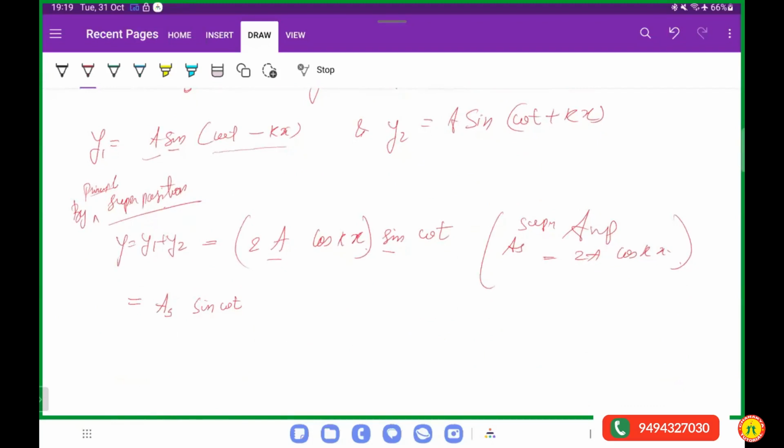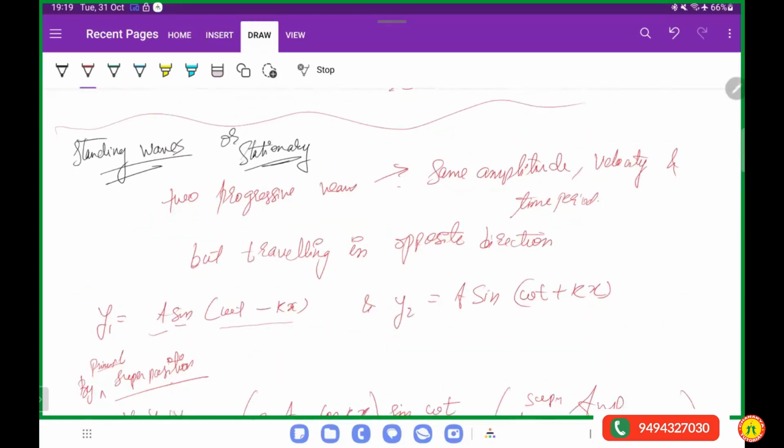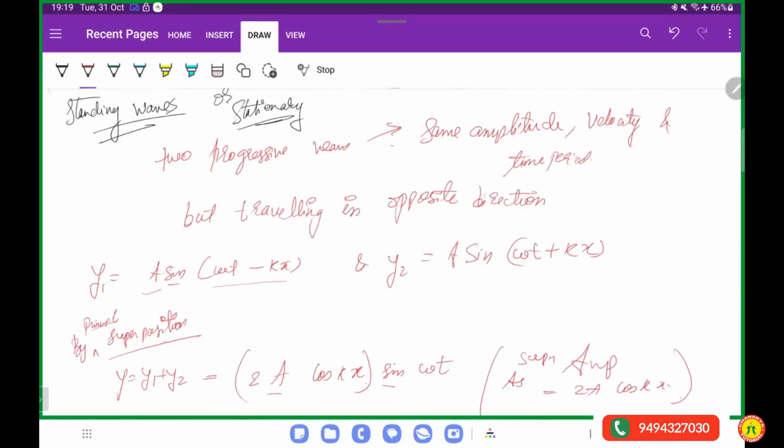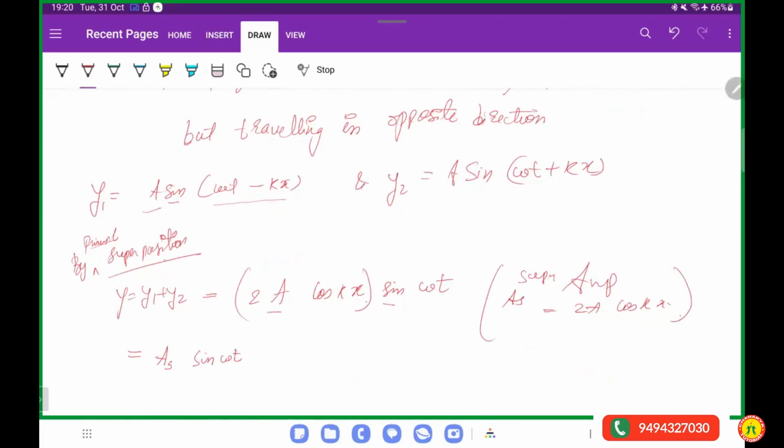Okay. This is not yet over, but you understood fine. What we saw here, there are two waves which have same amplitude, same velocity, same time period, but opposite direction. So when we superimpose those type of waves, we get this. Simple actually.